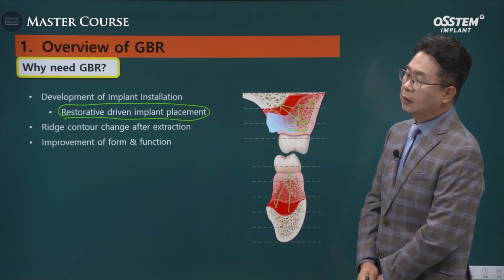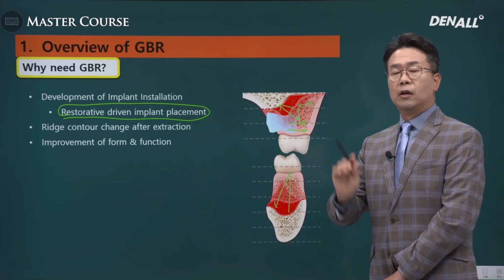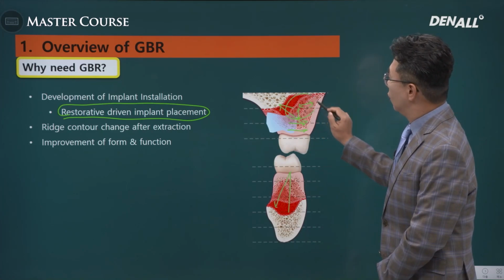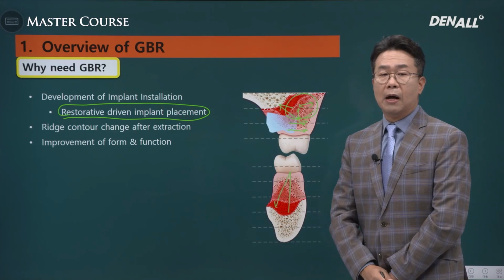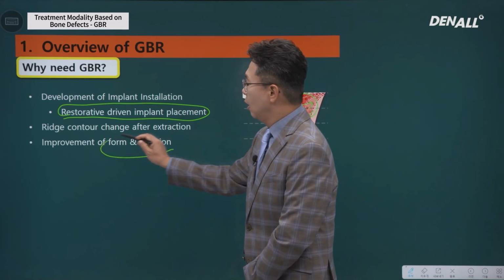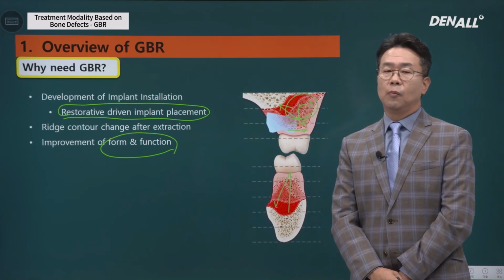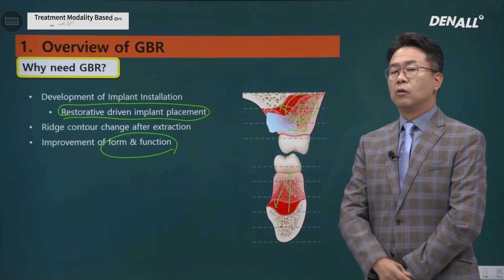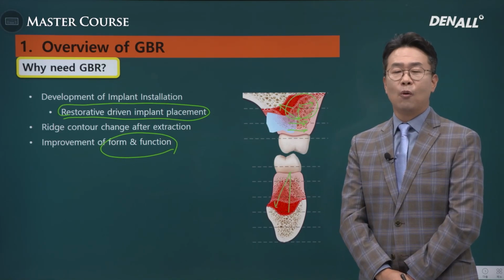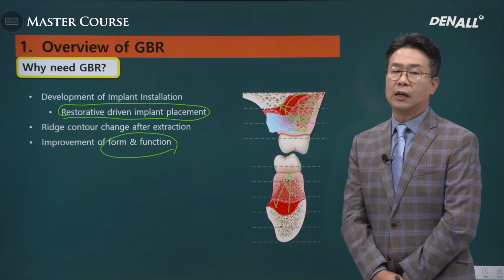Rather than the existing bone structure, in order to form ideal occlusal relation, we need to make up for the insufficient bone to place implant in an ideal manner. If we do this, it will be much more favorable in terms of form and function. Rather than just placing implants, we need to understand what the future prosthesis is going to look like and determine implant position. And that is why GBR is necessary.